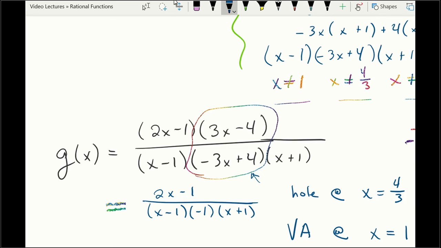And then our vertical asymptotes are the factors that make the denominator 0. Right? Or really, we'll call them the remaining x values that make the denominator 0. And we get those from those remaining factors after we've canceled.